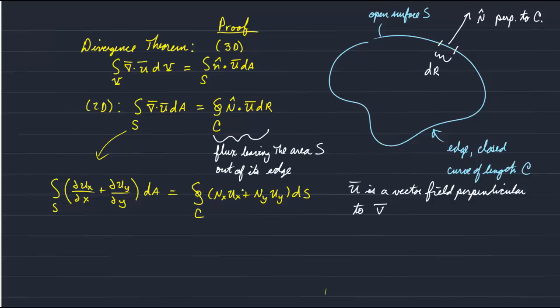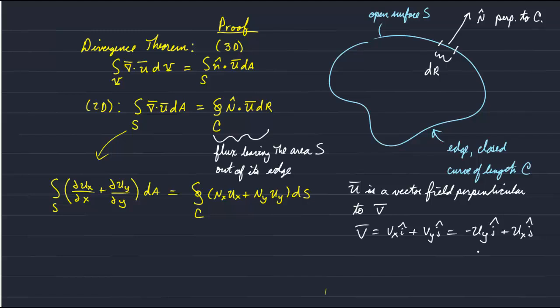Now, as I mentioned, u is perpendicular to v, so therefore v, again, is vx i hat plus vy j hat, and the x component of v is equal to the minus y component of the vector u, and the y component of v is equal to the x component of vector u.